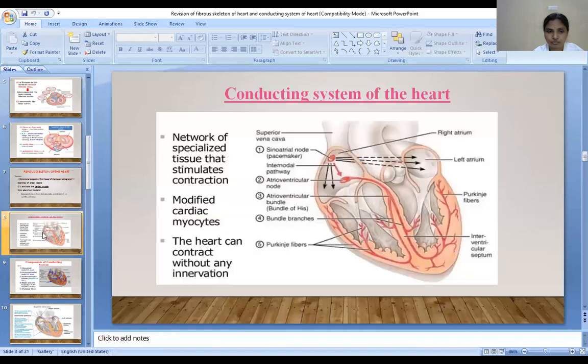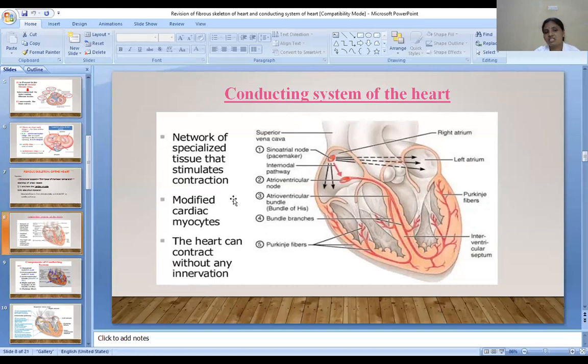Okay. So what is that conducting system? As you know, the heart has three layers, from inner to outer: endocardium, myocardium and epicardium, right? The myocardium is made up of muscle cells known as cardiac muscle cells. But here I am talking about specialized cardiac muscle cells, a network of specialized tissue that stimulates the contraction.